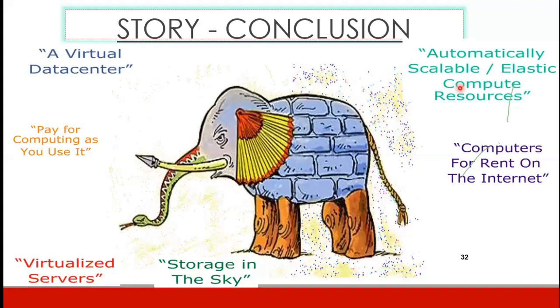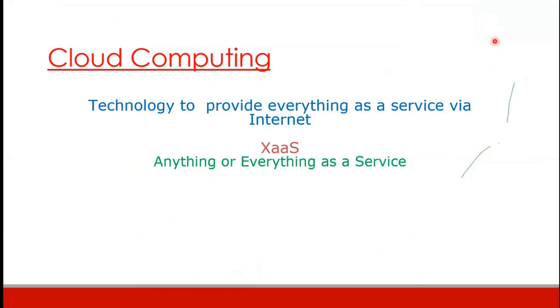Simply said, cloud computing is a technology to provide everything as a service. This is represented as IaaS, infrastructure as a service; next, SaaS, software as a service; PaaS, platform as a service; and then XaaS, anything or everything as a service.